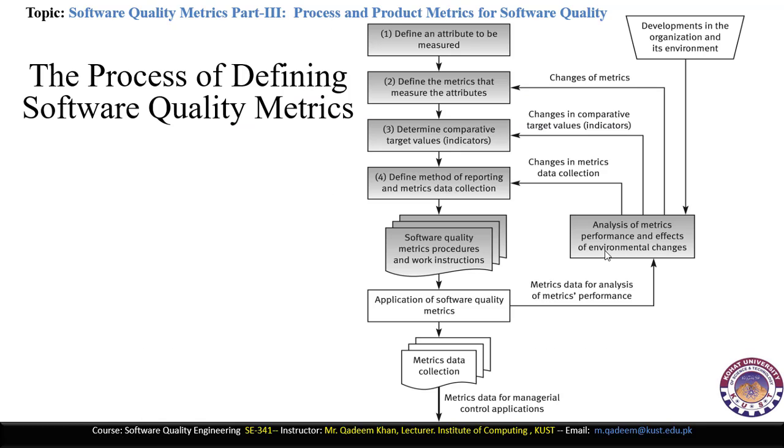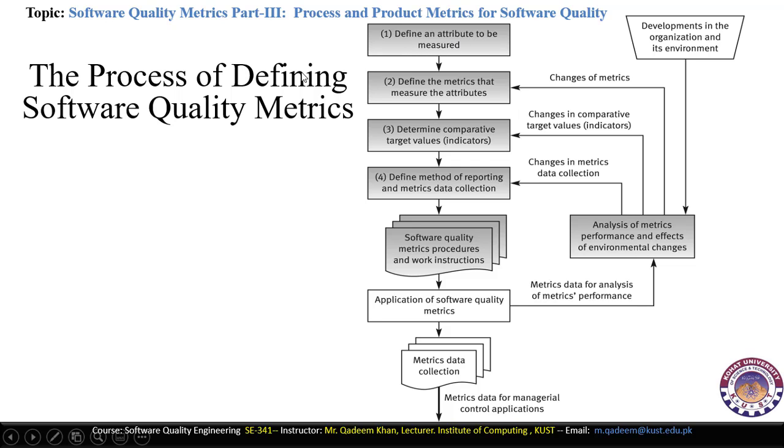The software process for defining software quality metrics is very complex, and these are in fact simple steps, different sorts of simple steps which are used to define the quality of the software products. So basically, first of all, we will define an attribute to be measured.